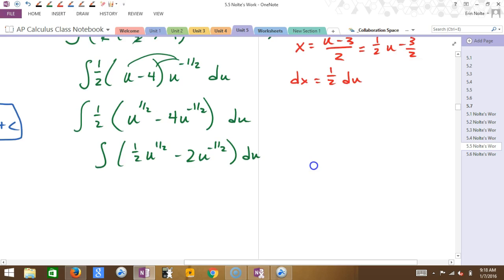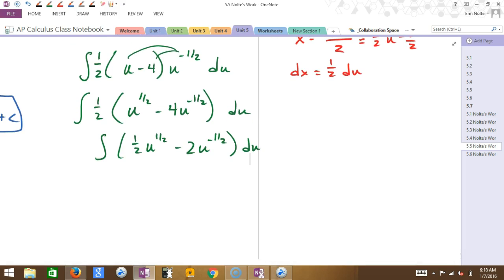Now I'm at the part where I can integrate it just using the basic rule. What is the integral of 1/2 u to the 1/2? We can go slow. Let's pull the 1/2 off. What is the integral of u to the 1/2? 3/2, right? So u to the 3/2. If we're going to divide by 3/2, that's the same as multiplying by 2/3.